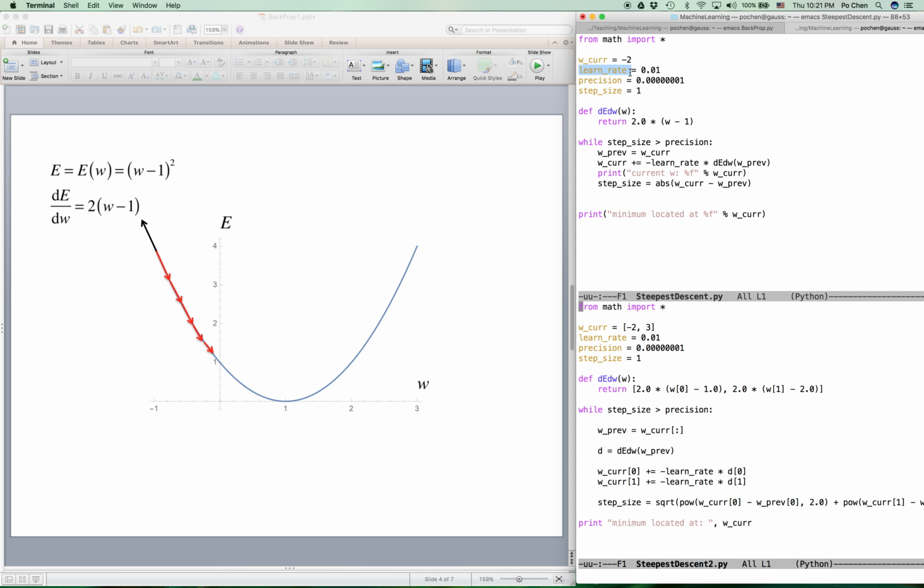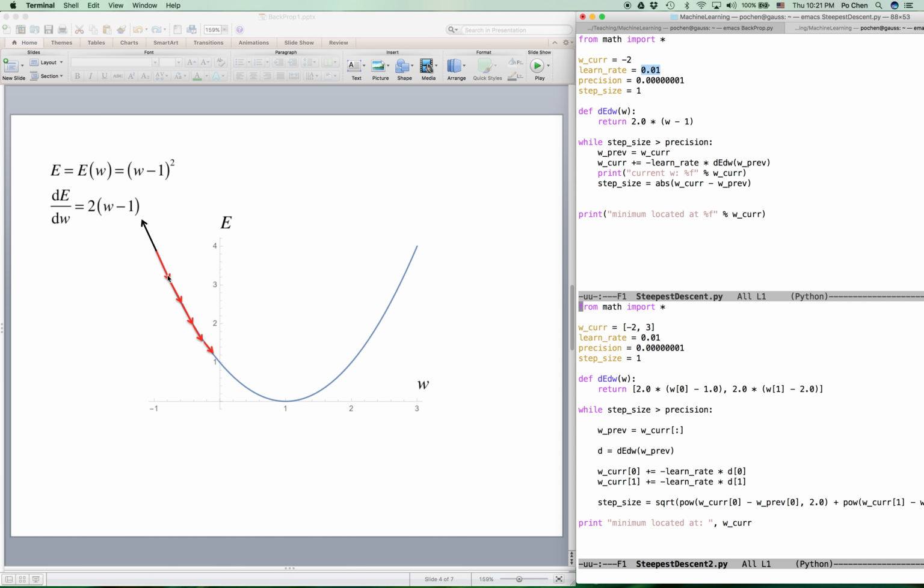It's a number that controls how fast your neural network learns, right? In our simple example, this variable, which is set at 0.01 here, controls how fast we want to go along the negative derivative.